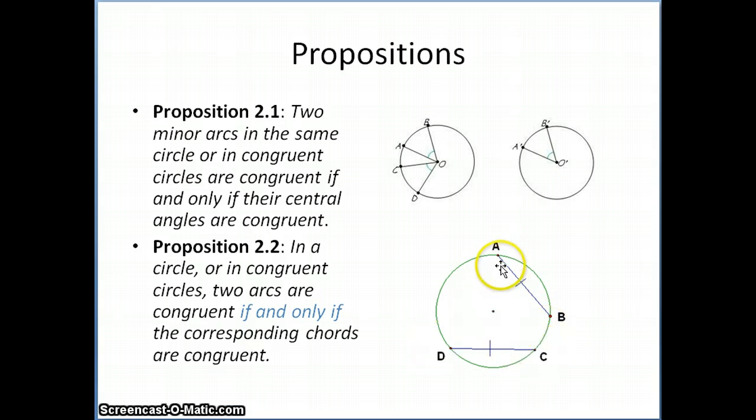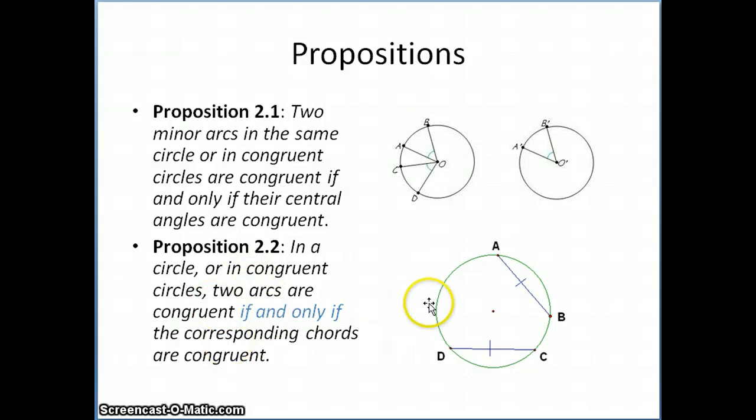And because it's in the same circle, or even in congruent circles, they have the same radii. So AO will be congruent to DO, and BO will be congruent to CO. So it can be very easily proved that these two triangles are congruent by side-angle-side.